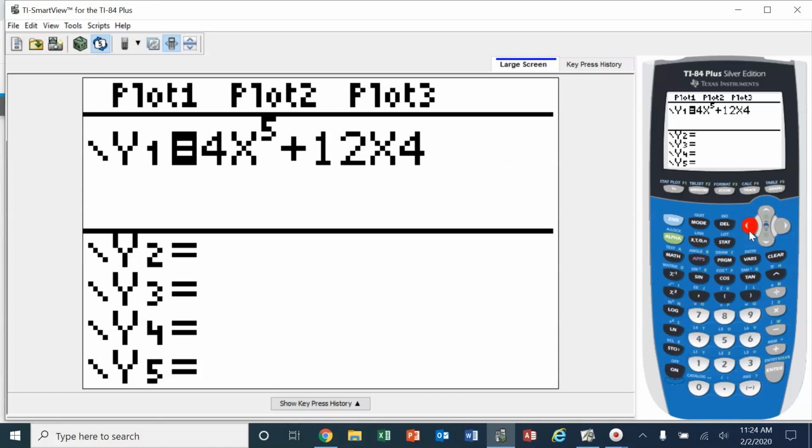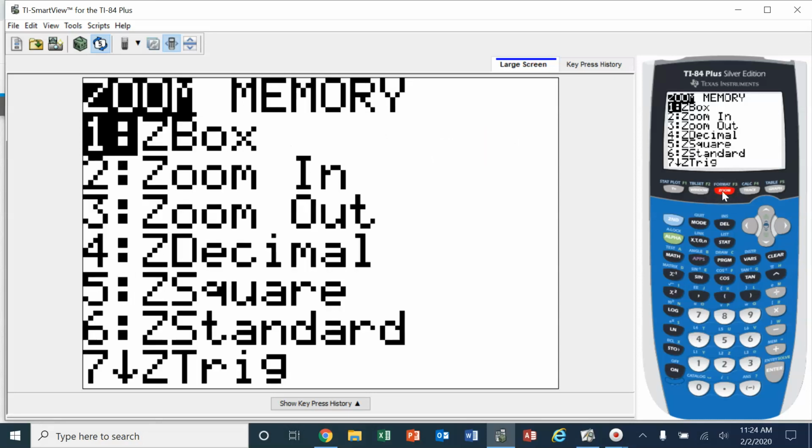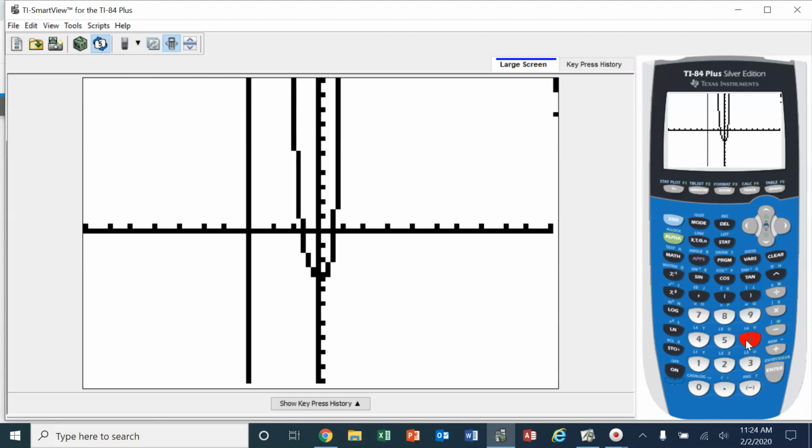Oops, forgot to hit the exponent button. All right, again, practice this over and over again. Now again, my graph's all messed up, so I'm going to start off with zoom 6 just to put my graph into normal.